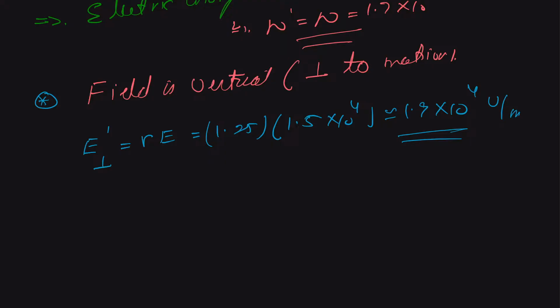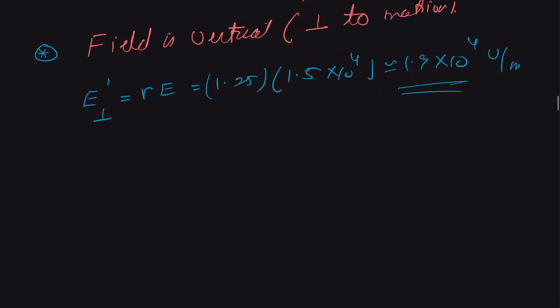And next, in part C, it is asked that the frame is moving upward at a speed of 0.6 times c.